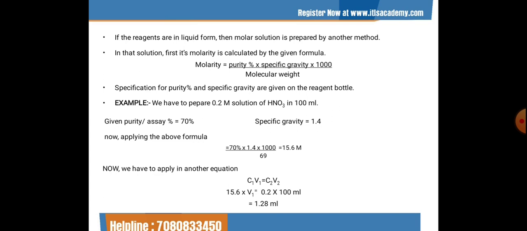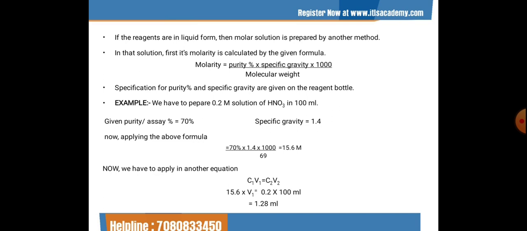Now once we get the molarity of that particular solvent as 15.6 molar, we have to apply another equation, that is C1V1 equals C2V2. Here C1 is the stock solution concentration. The liquid form of which we have calculated the molarity of HNO3 is considered to be the stock solution, that is, of higher concentration.